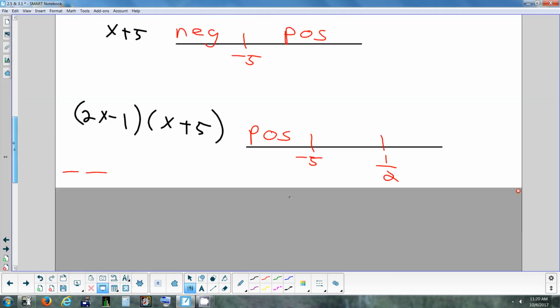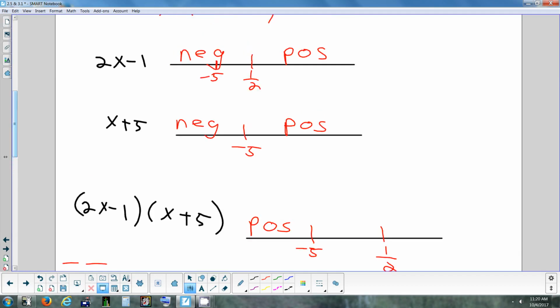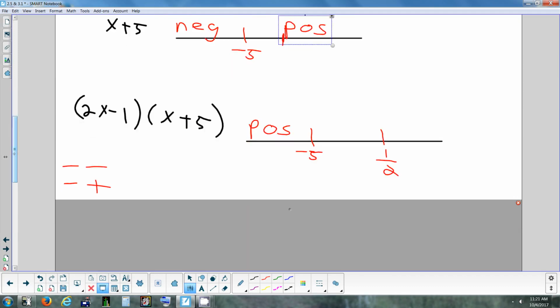Let's just start with that. Now, what if you're between -5 and 1/2 in the second one? So between -5 and 1/2, now you're getting into the positive section. So the first one is negative, the second one is positive. What's the product? Negative.